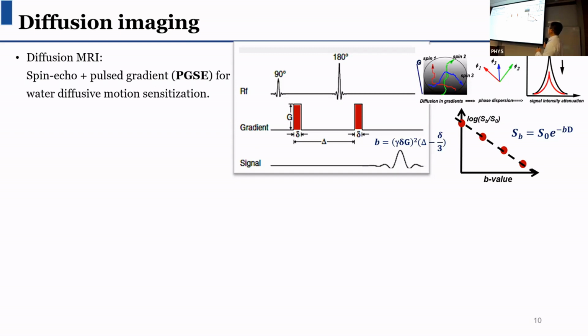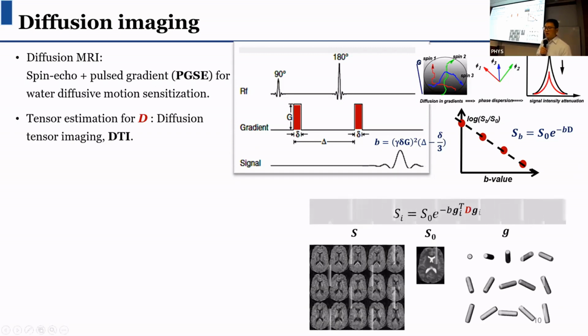This black one is the original signal, and after the water movement, you will get the red signal. So you can see the signal decreasing due to water molecule movement.